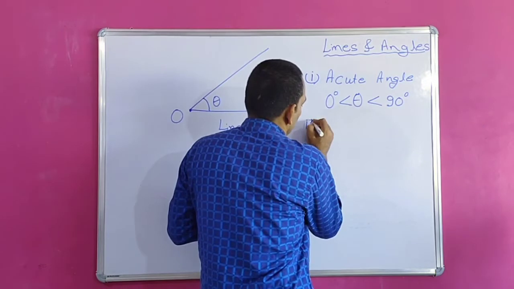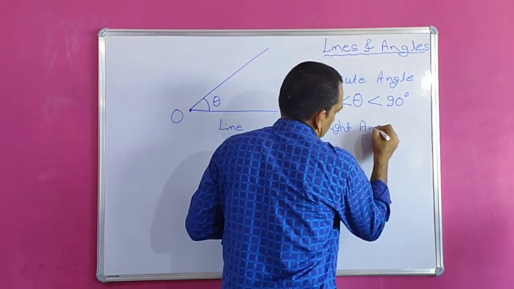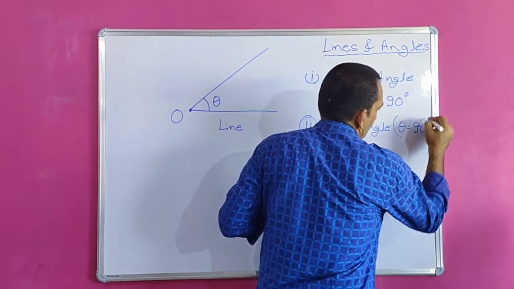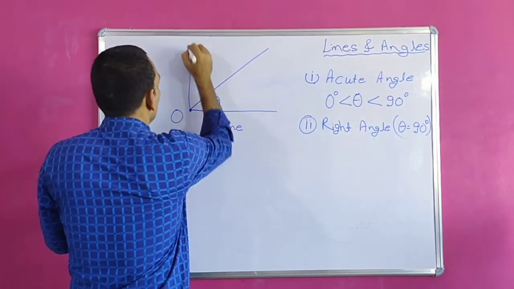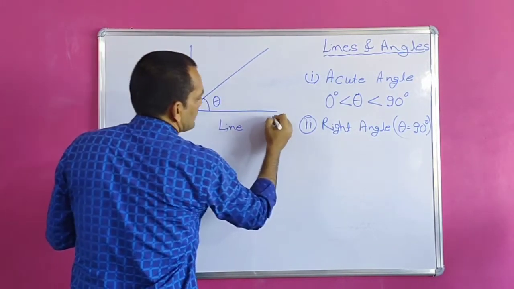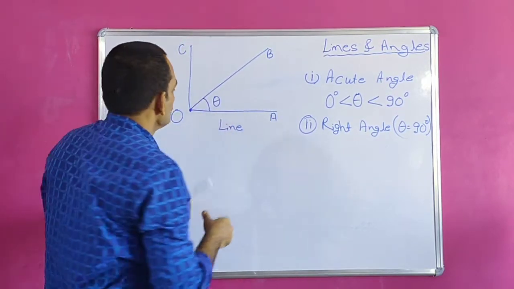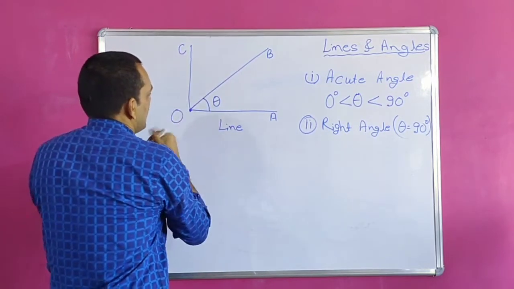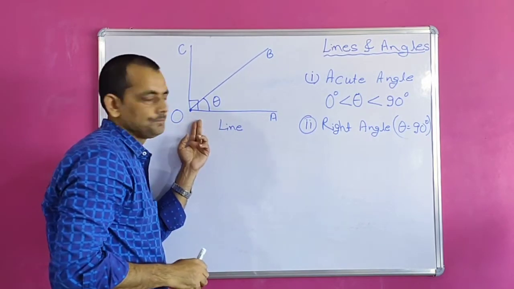Case 2, right angle, where theta equals 90 degrees. Let's name the lines OA, OB and OC. If OA is perpendicular to OC, then this angle is 90 degrees. This is known as a right angle.